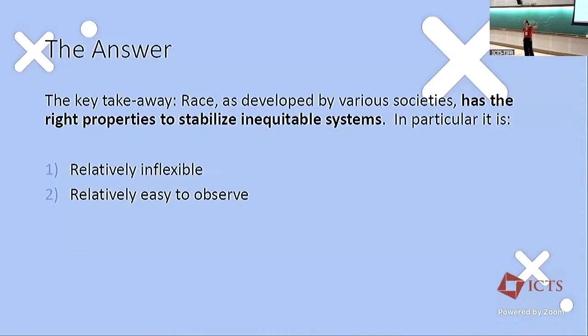So if we think about the models that I've presented, it's the type of thing where if you put that sort of tag in the model, you can get an inequitable system with the sort of high-low demands compared to some other tags which wouldn't carry enough information about group or strategy or whatever to get that inequality. So we argue that it sort of was the one that powerful groups picked out and then developed to be a marker of someone you could take advantage of.